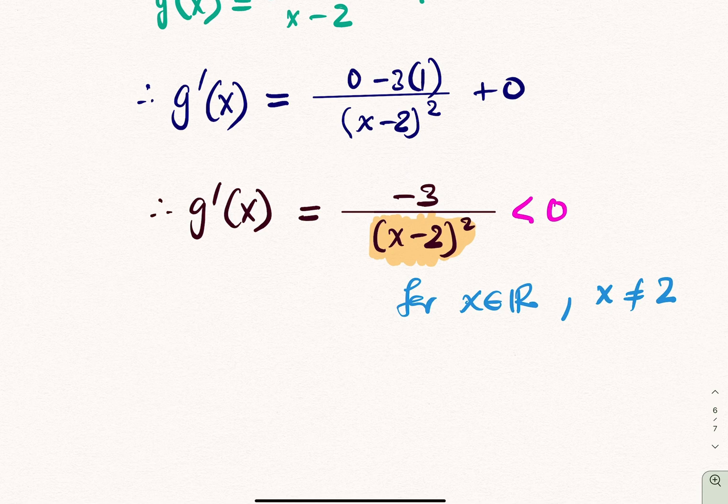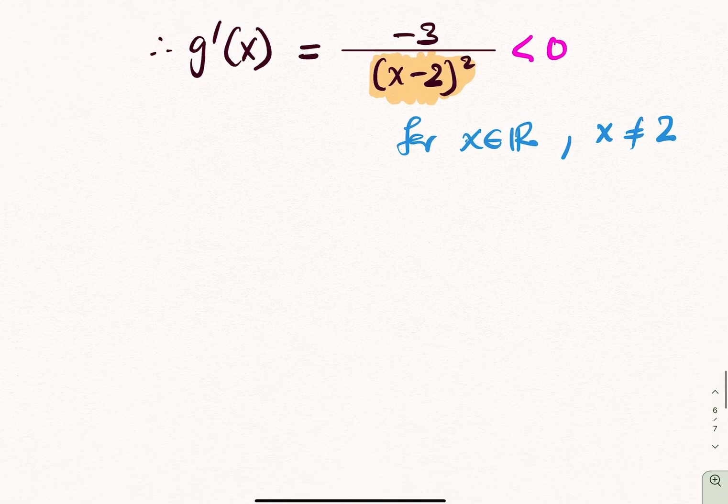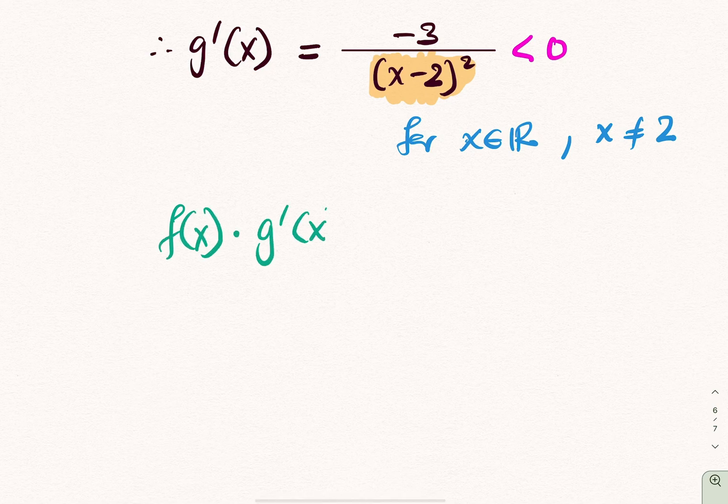But for any value of x, the g prime is always negative. That means now, if I'm looking for f prime, f at x multiplied by the g prime at x, such that this is going to give me a positive situation, I already know that my g prime is going to be negative.